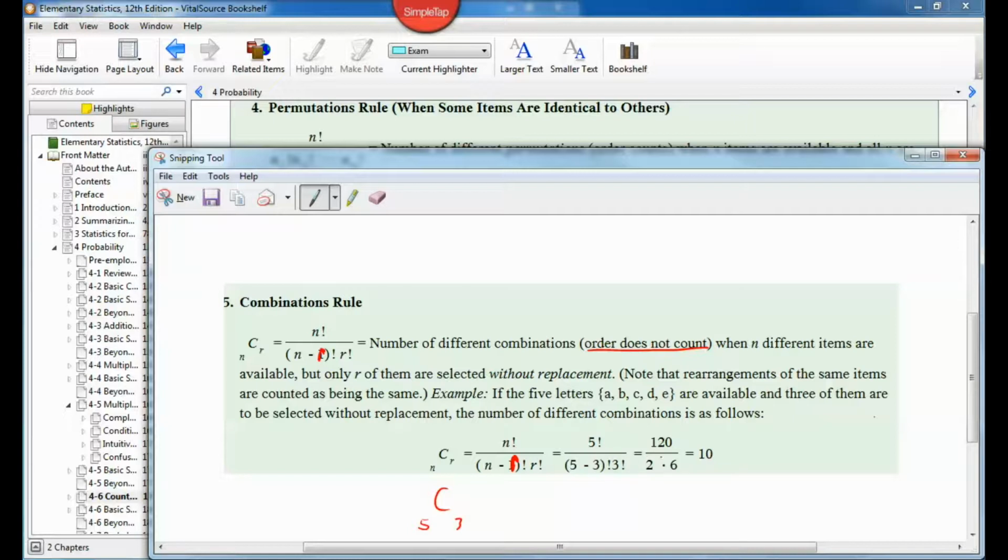Alright, so that's 2 factorial times 3 factorial, or 2 times 6 in the denominator. That's 3, because the problem says there are 5 letters, we're choosing 3 of them.